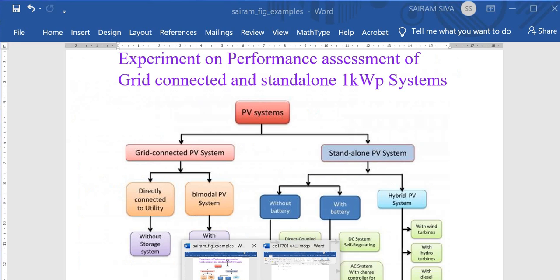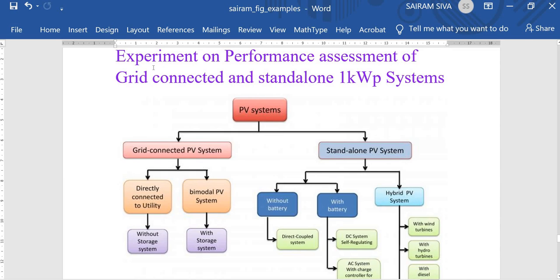In the last video we discussed PV based systems, which are classified into grid connected and standalone.